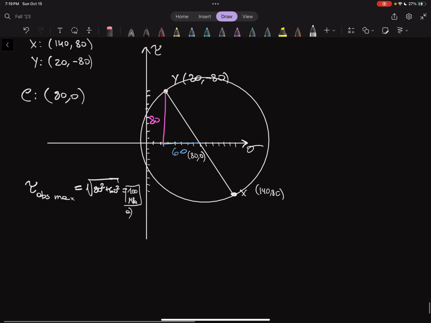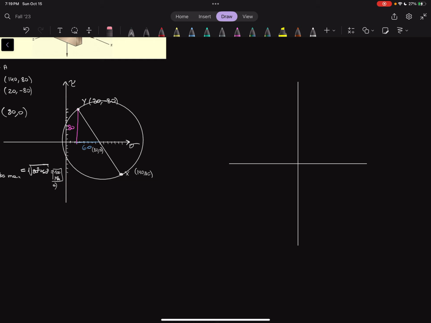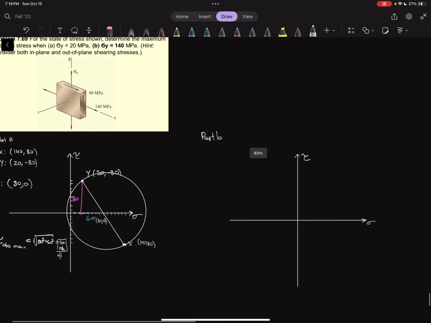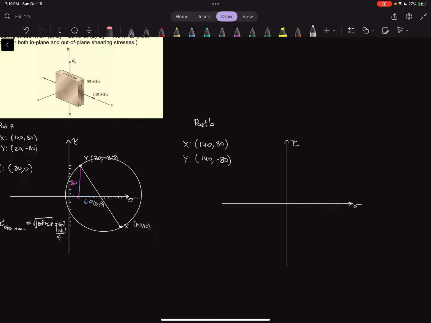So that's part A. For part B, we have x and y. Our x doesn't change. Our y changes a little bit. It's 140, comma, minus 80.